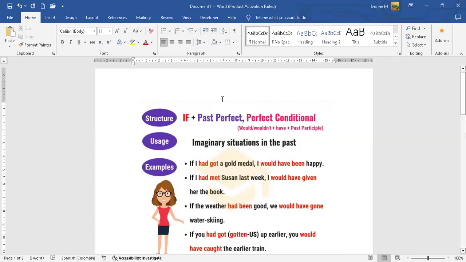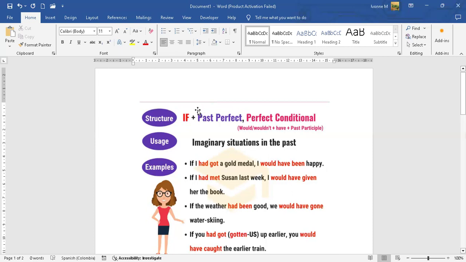So, going back to the third conditional and closing that parenthesis I just made, we have the if clause and we have the main clause, always in order to express a condition. The third conditional can be the most difficult one for most people.